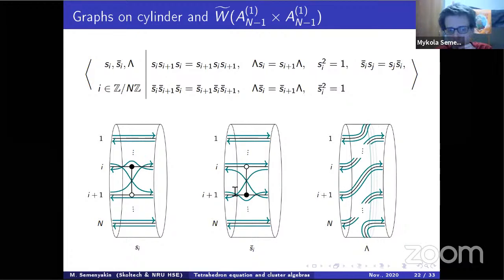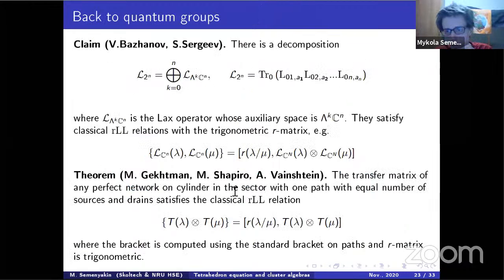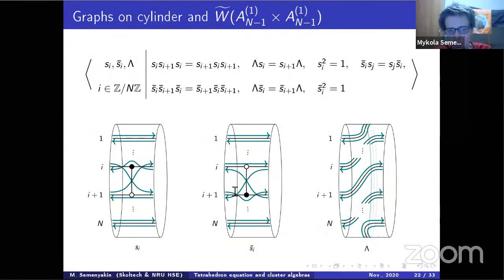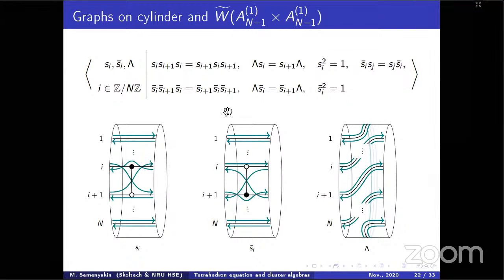I have to say that they are not. This is some additional parameter, and as I said, the parameter comes from those paths which intersect this branch cut.